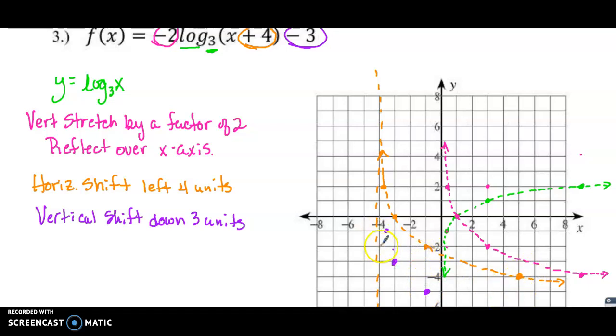It kind of goes off the screen for you, sorry. This one I will make solid because that is my final answer. So there's my graph, my domain and range. My domain, x values, the smallest we get is -4. So we're going to say x is greater than -4. And we'll say our y values are all real numbers.